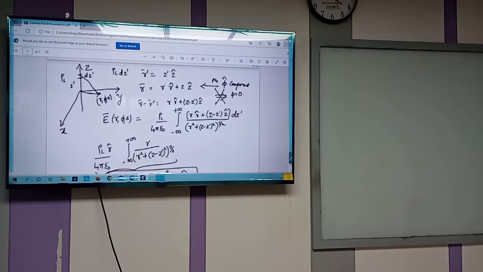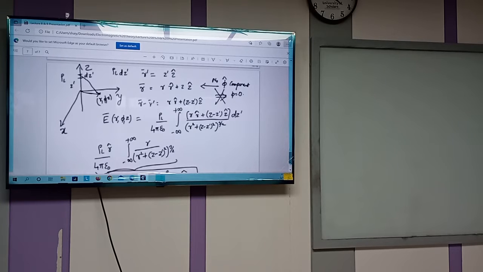Now we use the expression for electric field. We integrate in the appropriate dimensions. I am looking at the electric field at a particular point r, phi, z in the plane, right? This will be equal to rho L divided by 4 pi epsilon naught.